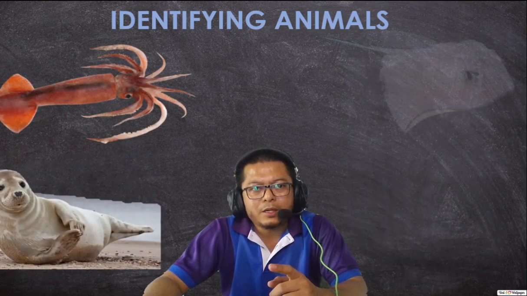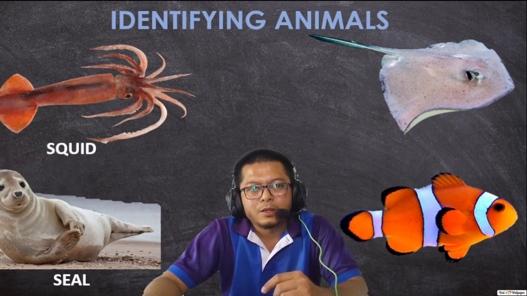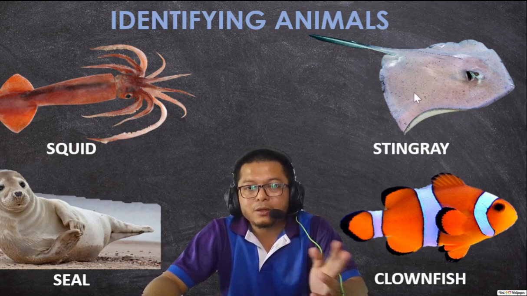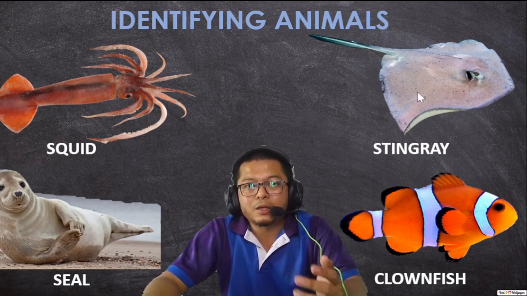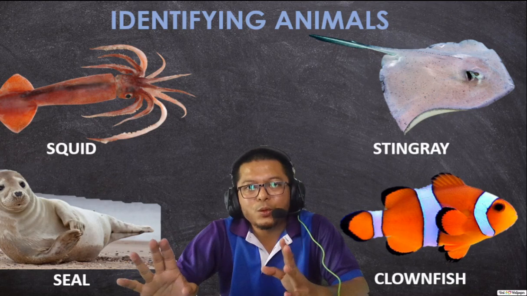Now the next four animals would be a squid, a seal, a stingray, and a clownfish. Now everybody knows clownfish. I think you know seal. Stingray, maybe some of you know stingray, ikan pari, and squid. Now squid, there's a difference between squid and octopus. There are two different names, squid and octopus.